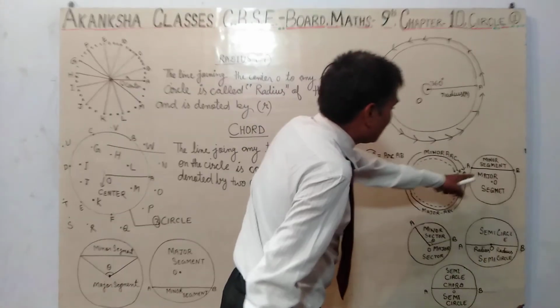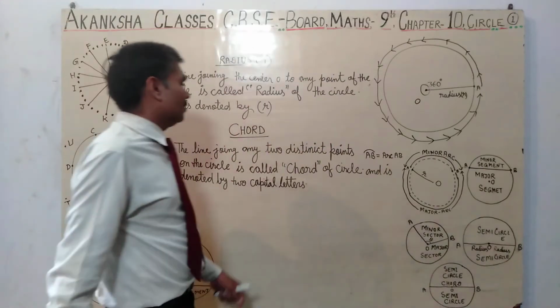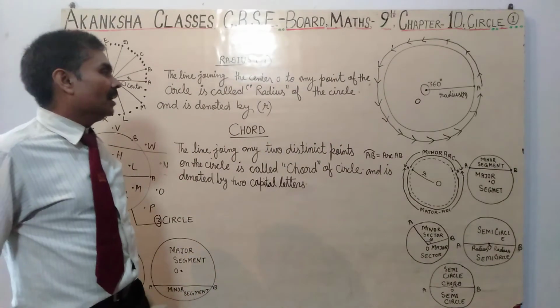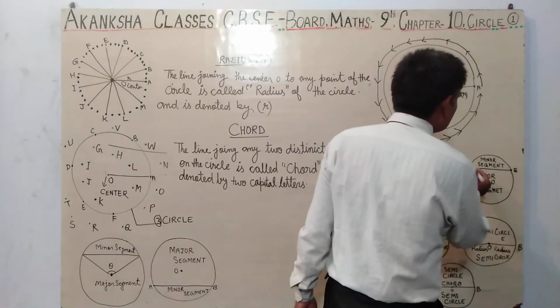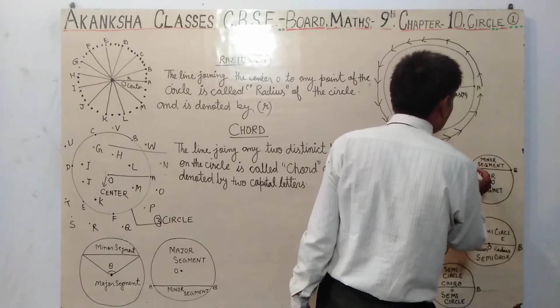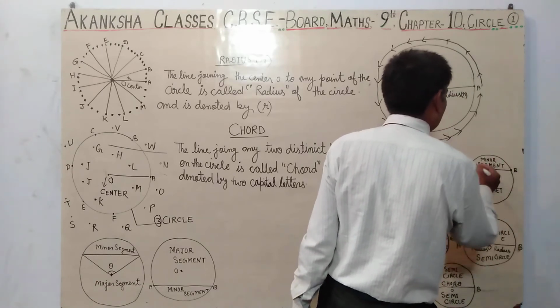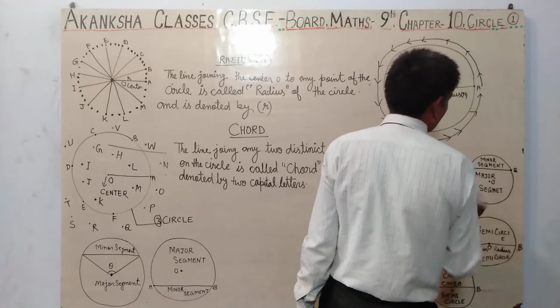For example, here AB is the chord of the circle because this line segment joins two points A and B that lie on the circle.